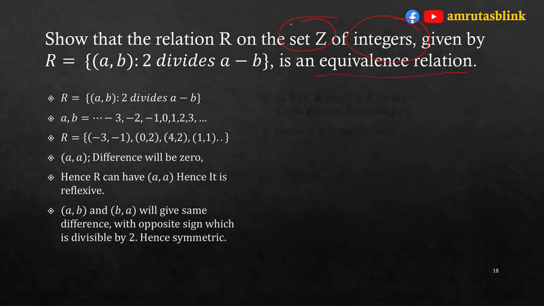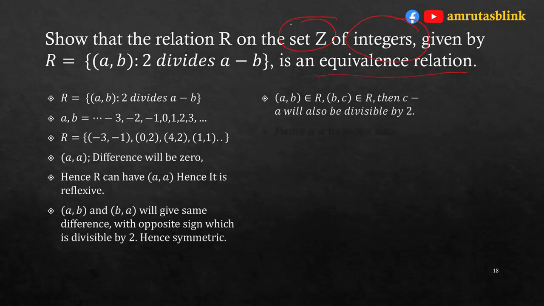Now, we'll check whether it is transitive or not. Once we say that (a, b) belongs to R and (b, c) also belongs to R, that means (a, b) belongs to R, so the difference b minus a is divisible by 2. Similarly, (b, c) belongs to R, that means c minus b is also divisible by 2.